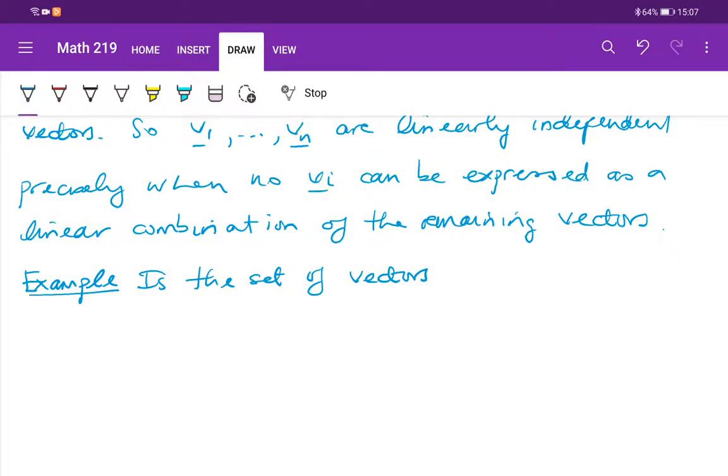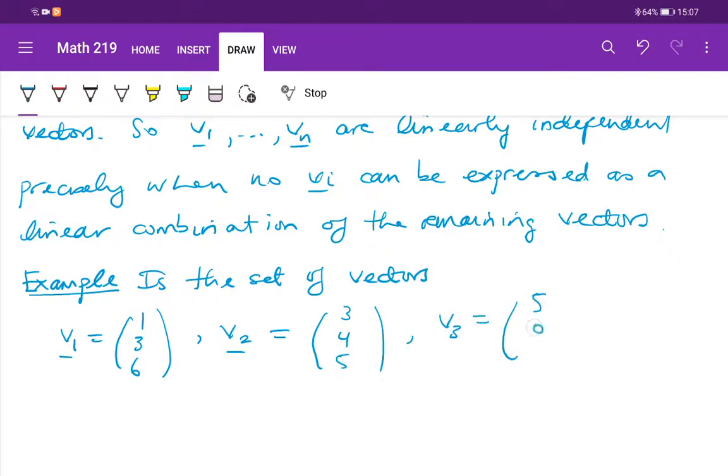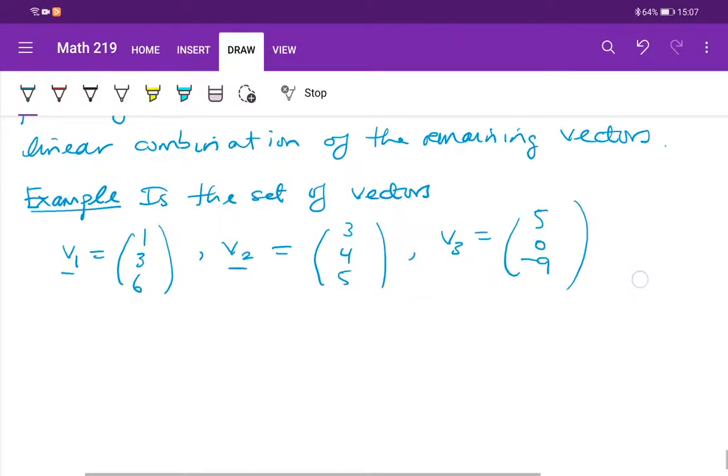Let's say v1 equals (1, 3, 6), v2 is (3, 4, 5), and v3 is (5, 0, -9). So is this set of vectors linearly independent?